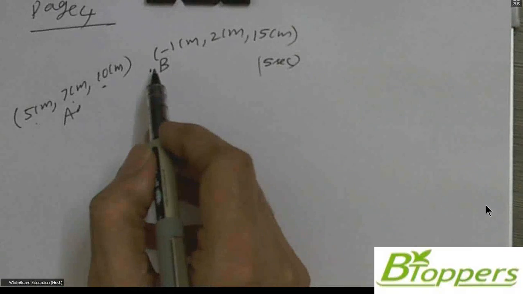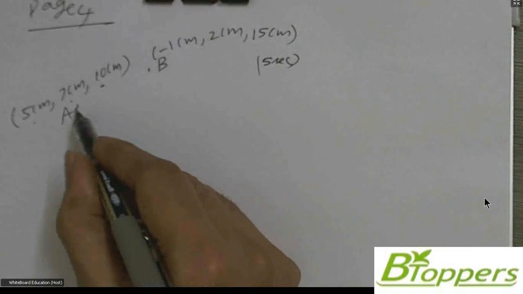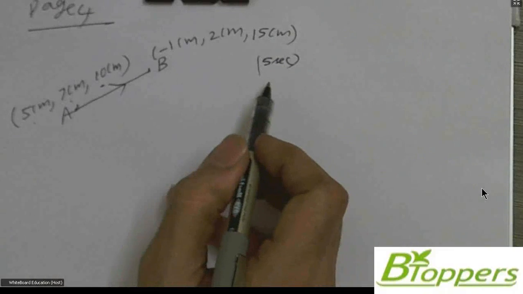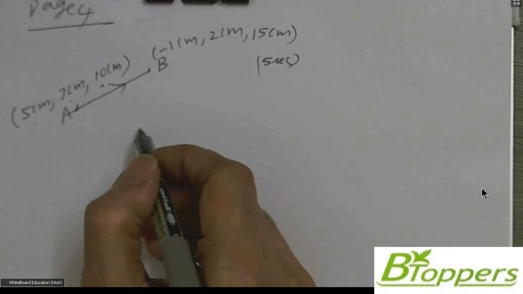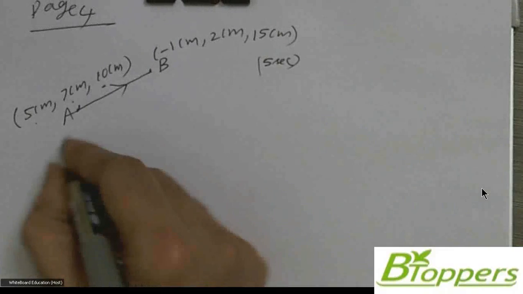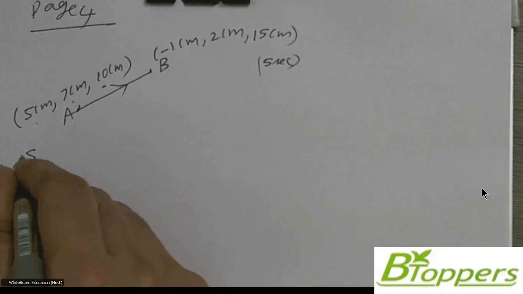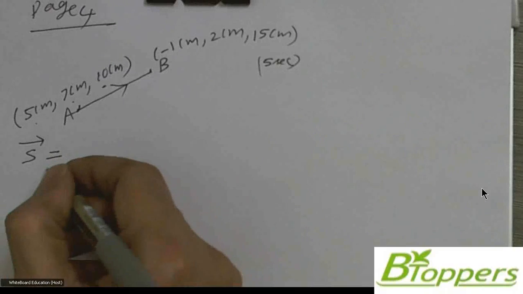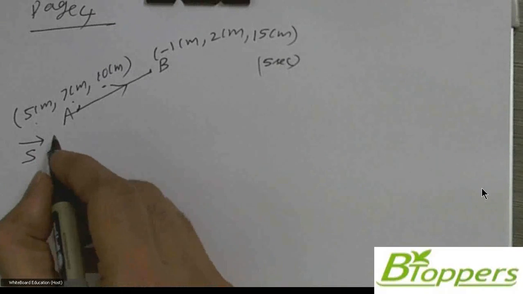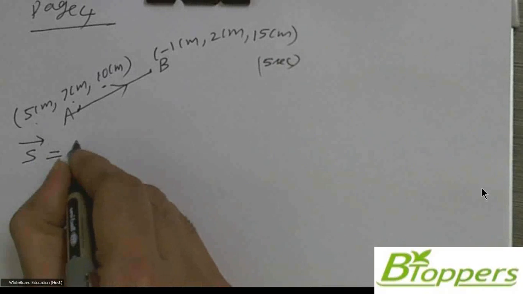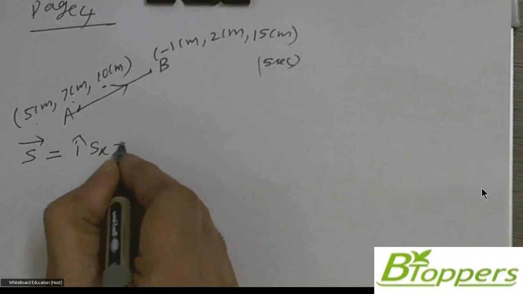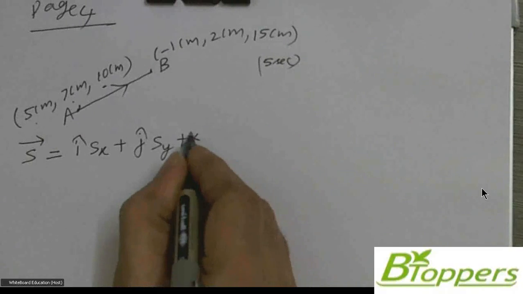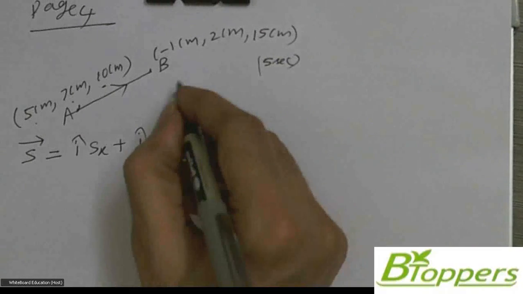The particle moves from A to B with constant velocity in a time interval of 5 seconds. So the displacement vector of the particle is equal to i cap into Sx plus j cap into Sy plus k cap into Sz.